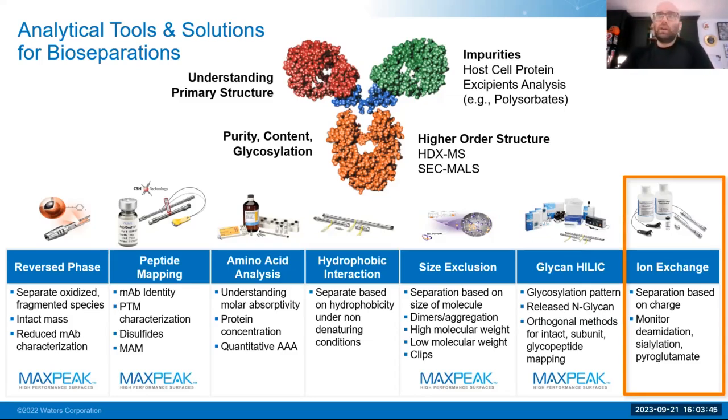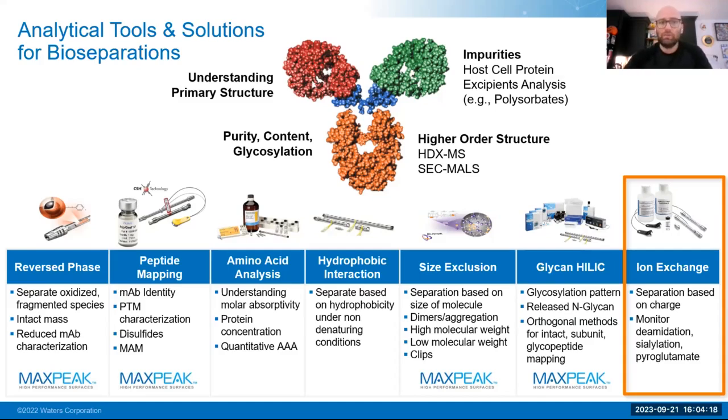You'll see that historically Waters does not have maybe as wide of offering within the ion exchange chromatography space, but this is beginning to change as we see the importance of charge variant analysis, not just providing information related to acidic and basic variants and so on, but also being able to dive in deep and actually identify and characterize the actual identity of these charge variants.